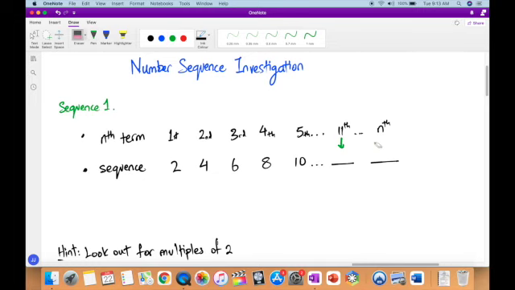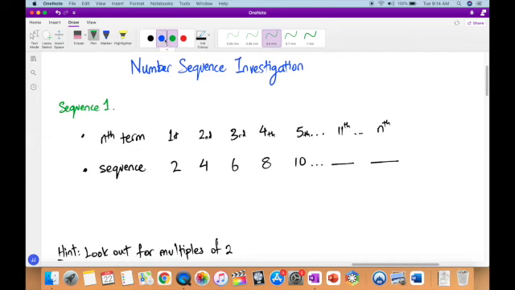And the nth term will be able to give us a formula so that we could find any term that we want. So number sequence investigation is all about finding that formula that describes the sequence.